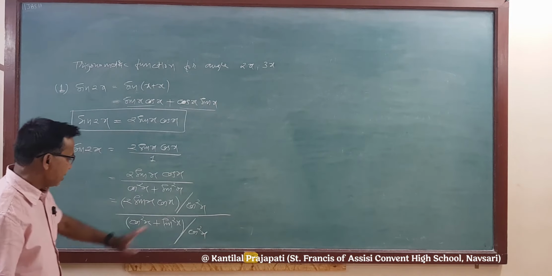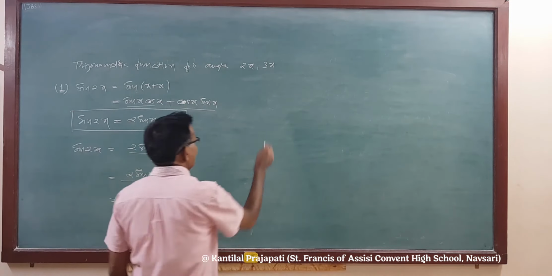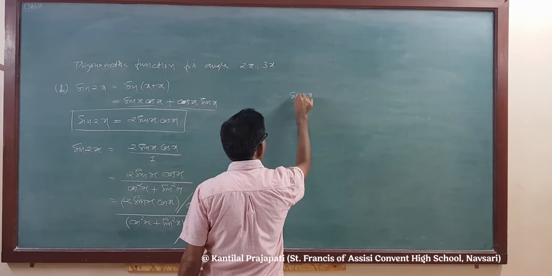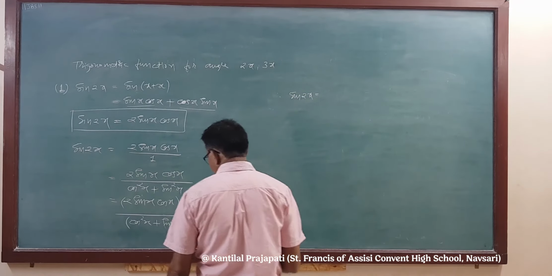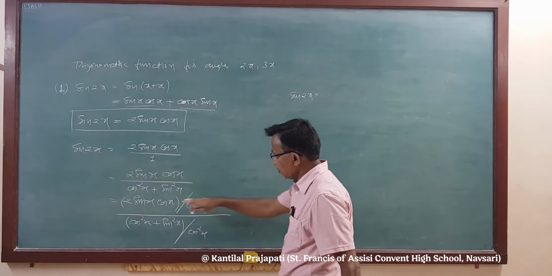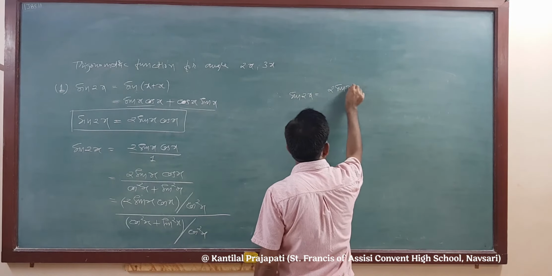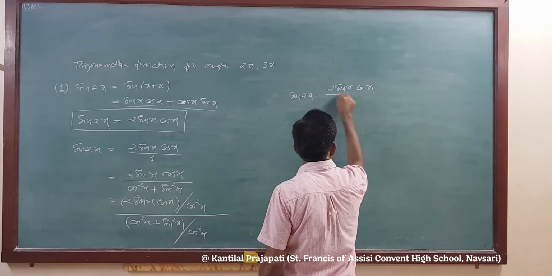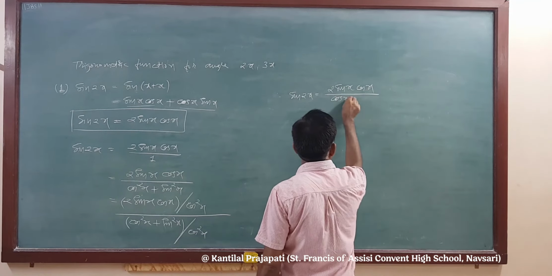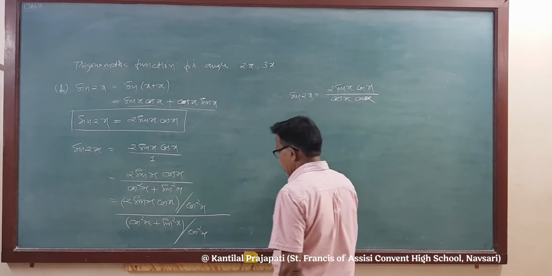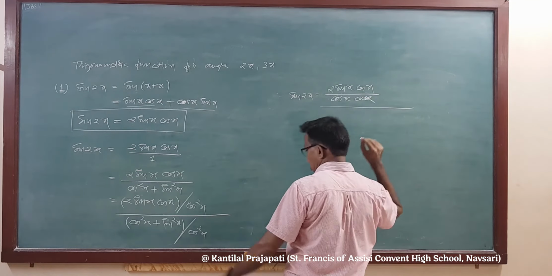Each term dividing by cos square x, and therefore you get sin 2x is equal to, so see here 2 sin x into cos x. Cos square x will be written as cos x into cos x, right, in the numerator, and the denominator is what?